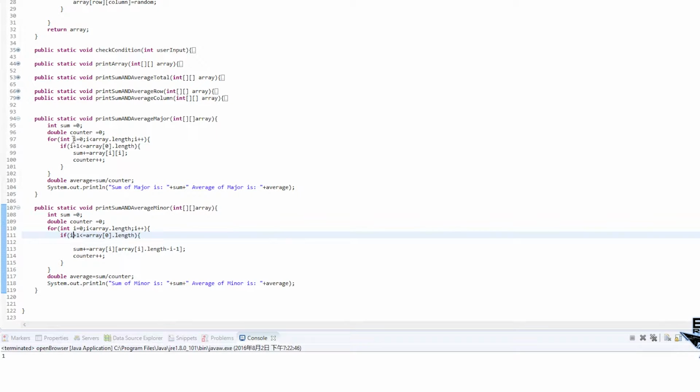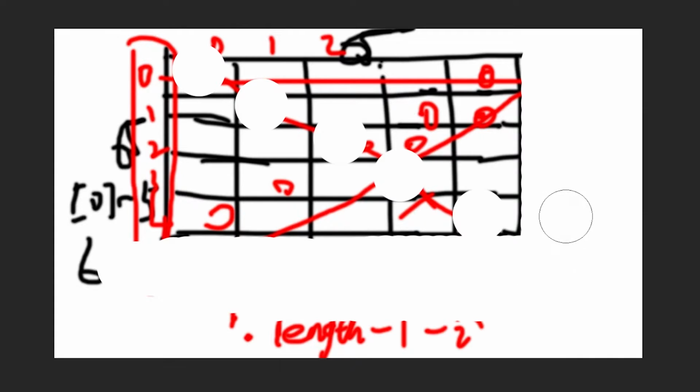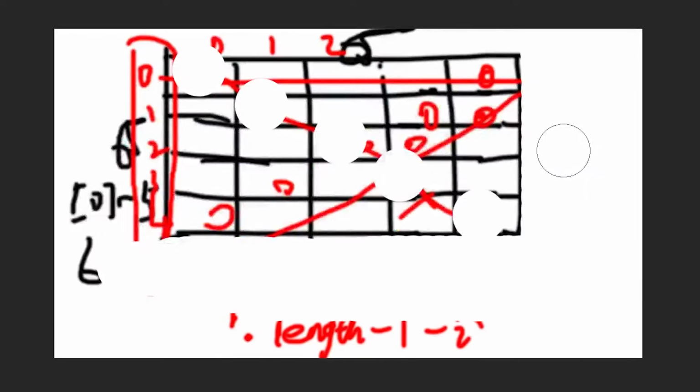So that will be the same for this. If I have my I equals 0, and if my I plus 1 is less than or equal to my length, we're going to do the first one, second one, third one, fourth one, and fifth one. You are not going to be on the sixth one because it's going to be out of bound. Here, I have a missing column, but the program will just stop here because I'm getting my array at 0 dot length.